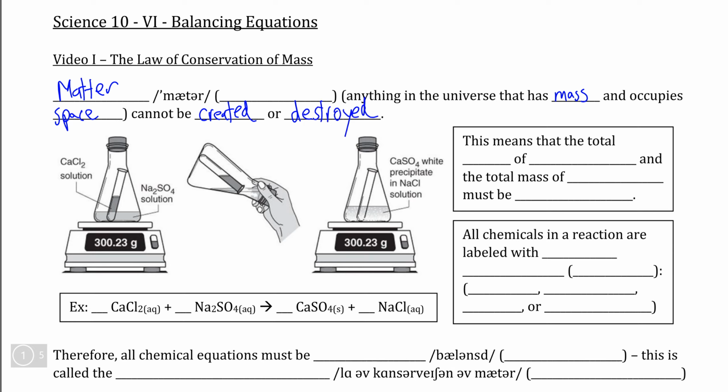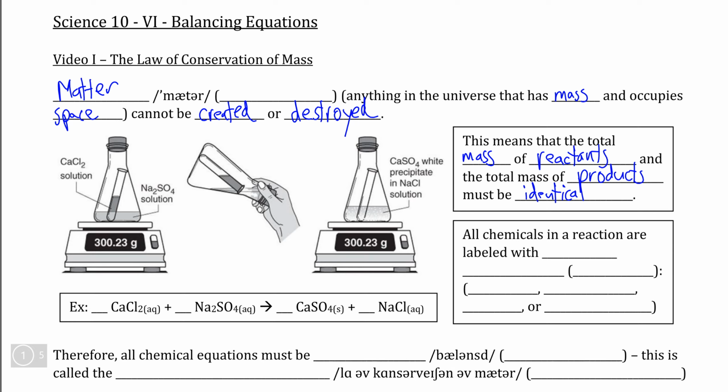What this means from the perspective of chemistry, if we take a look at this chemical reaction here, is that the total mass of the reactants, which in the case of this reaction are calcium chloride and sodium sulfate, the reactants being the chemicals on the left side of a chemical equation, must be equal, or rather must be identical to the total mass of all of the products within a chemical reaction.